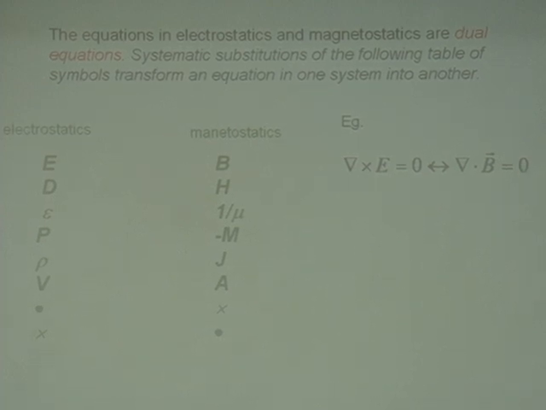So this tells you that if you remember equations in this system, you can create equations in this system, okay? And this is just because of the symmetry of the physics between magnetostatics and electrostatics.